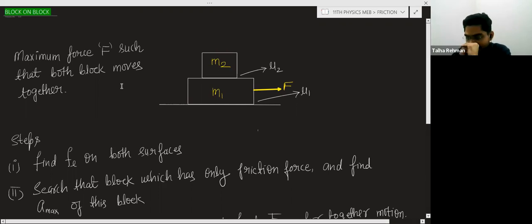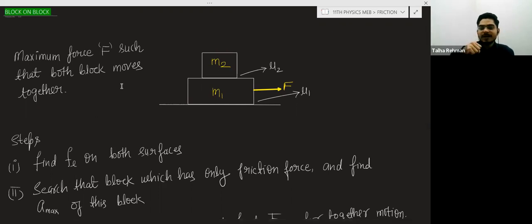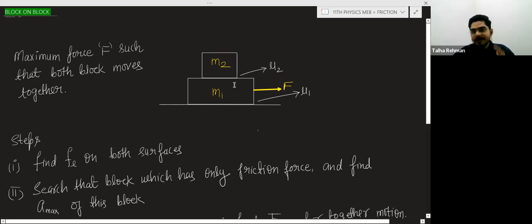I have told you in the last class that if you apply a force more than a limiting value, then there will be relative motion between m1 and m2. Means one of the blocks will move while the other will not.